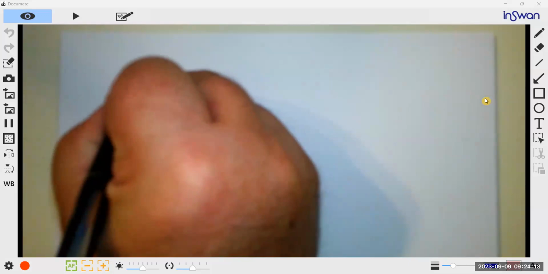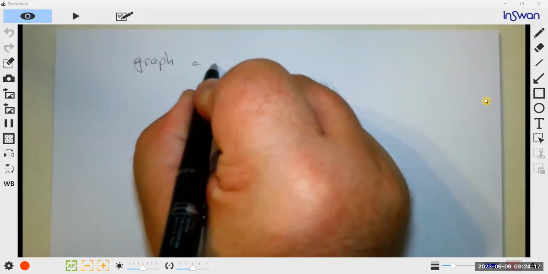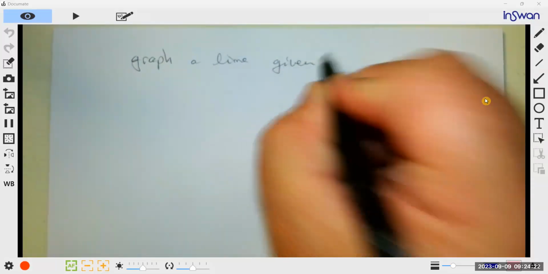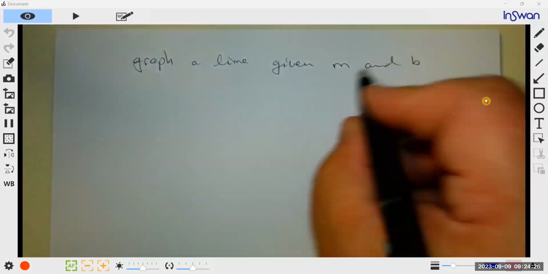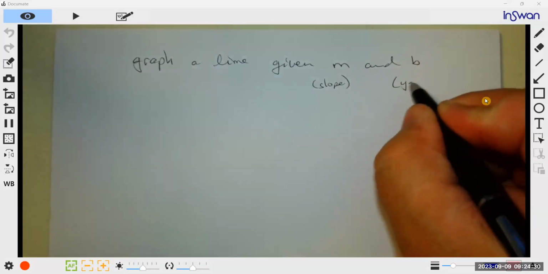All right, now how do you graph a line if you're given m and b? M is a slope, and b is the y-intercept.